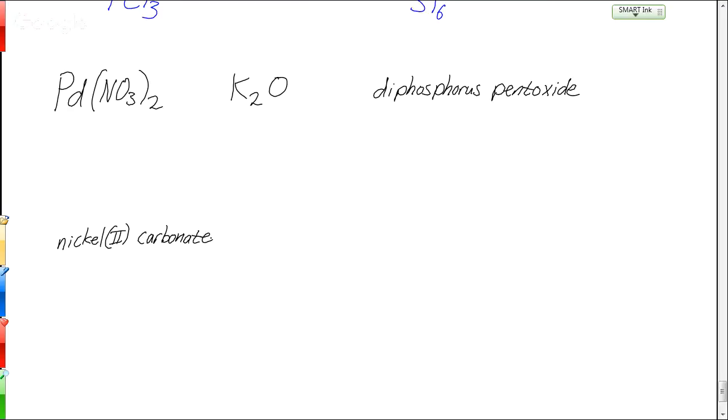All right, so you got 2 formulas and 2 names. See if you can write the names from the formulas and the formulas from the names. Once you've got these written down, I'm going to switch this so I can pull up the lab.